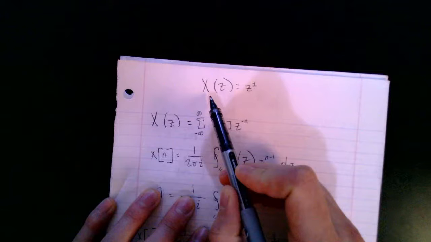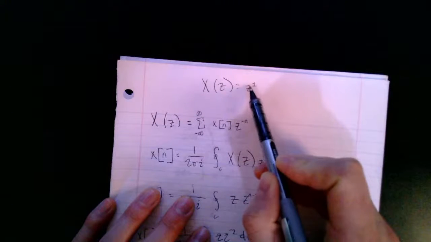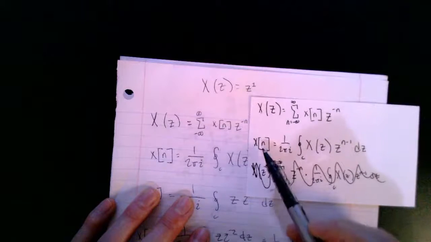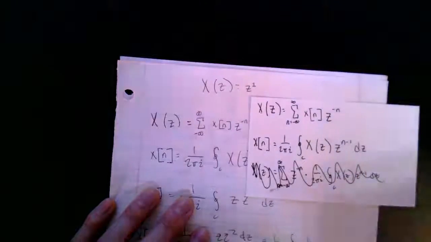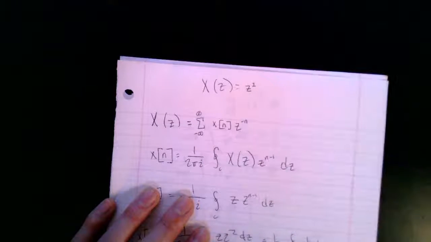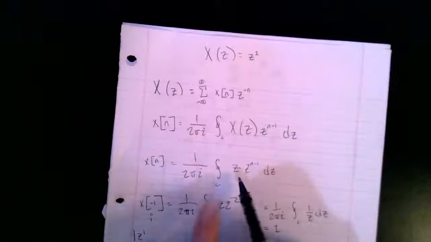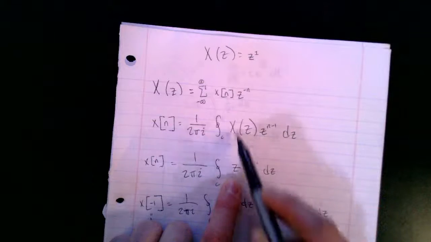So I used a function I knew. If my function was z to the first, I knew what my coefficients would be: x of n is going to be 1 and all of the others are going to be 0. And it actually worked. You can see here, I plugged in z for X of z.